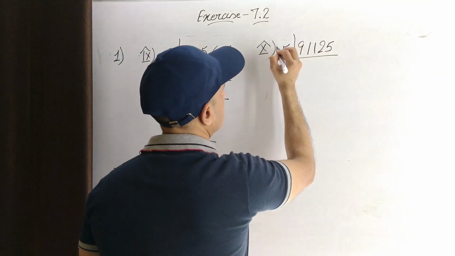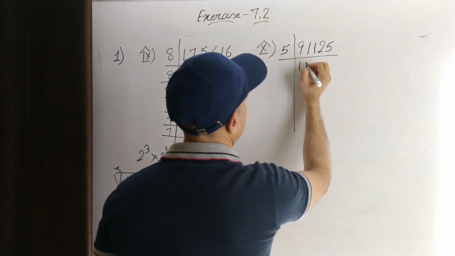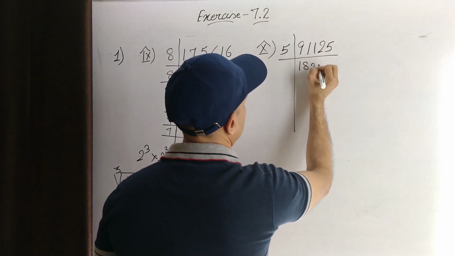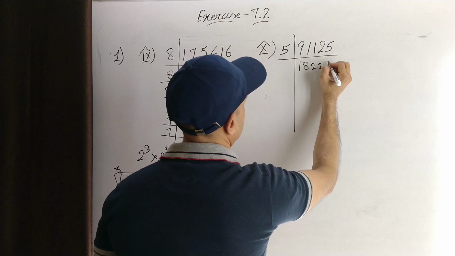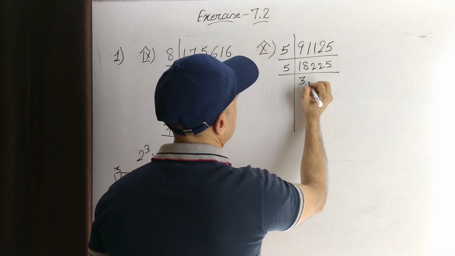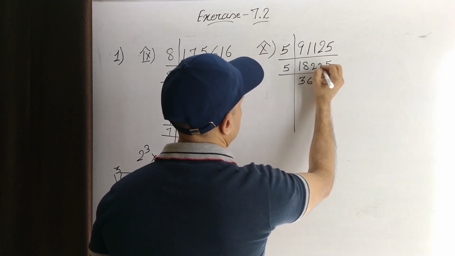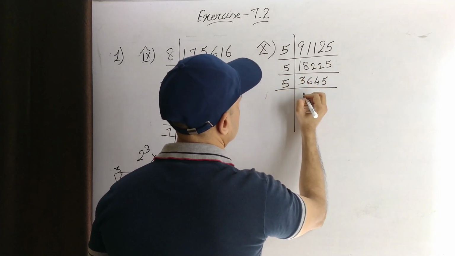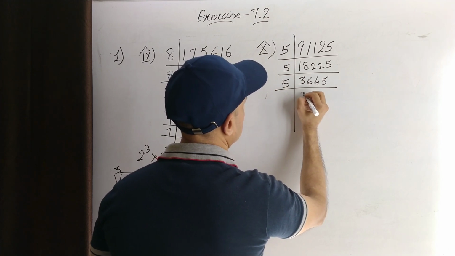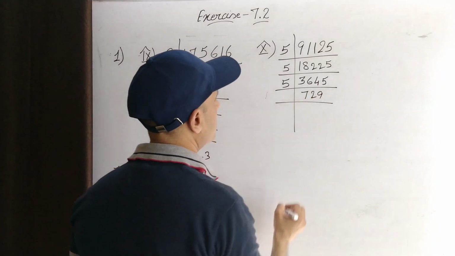Divisible by 5. Again by 5. Again by 5. 729.